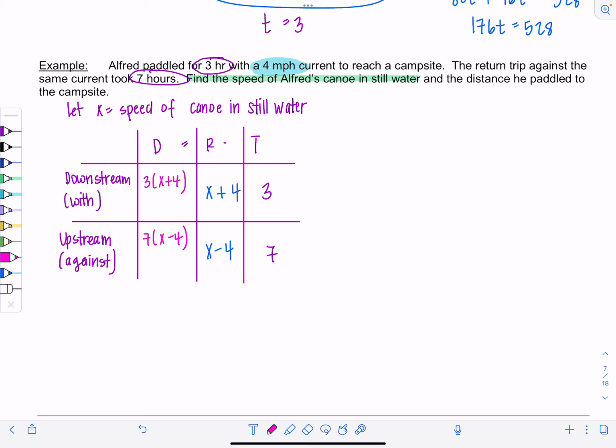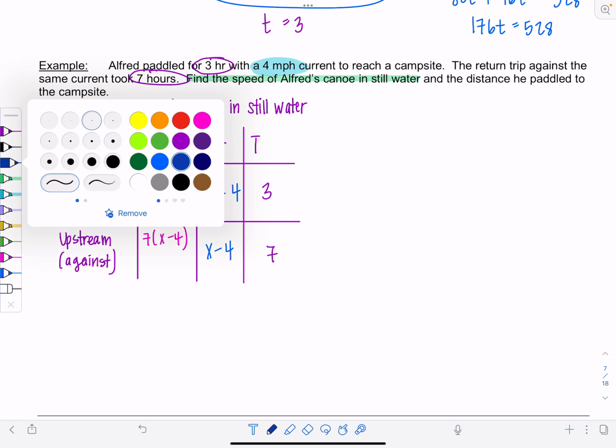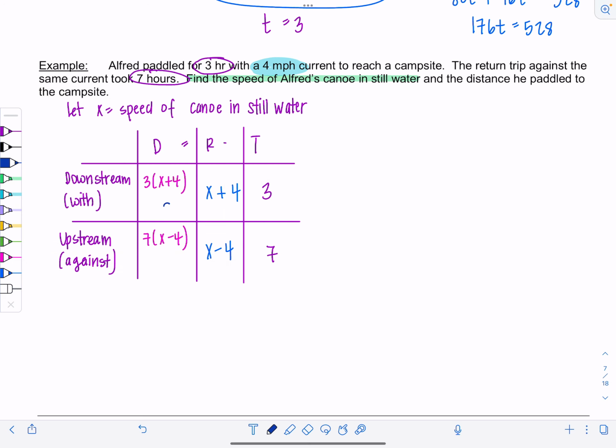Now instead, since we have 2 equations, 2 variables, we're going to call this distance lowercase d, and the distance downstream is the same as the distance upstream. So if we're going to write 2 equations, we'll have d equals, I'm going to put the 3 in the front so it doesn't look weird, times x plus 4. And then same thing over here. D equals 7 times x minus 4.